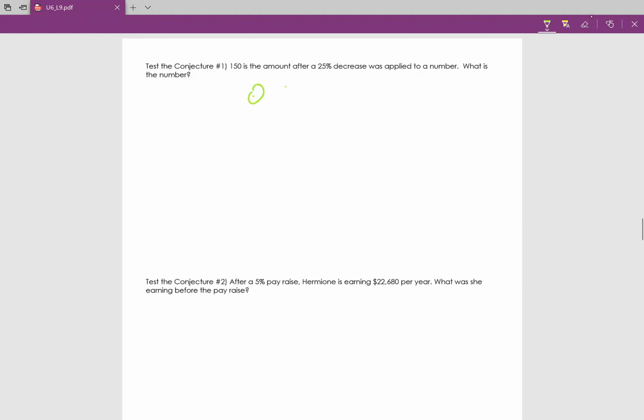So let's write quantity equals our percent as a decimal times our whole. So what's the quantity that they give us? How can we substitute that? We could put 150 where quantity is. That's the number that they give us.